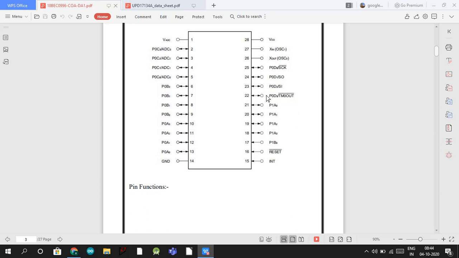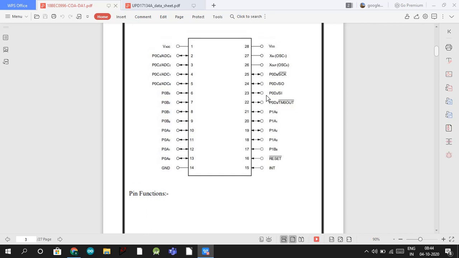These are the input and output ports in the UPD17134A. There are 3 timer channels in total and 1 serial interface channel, and the system clock is RC oscillation.